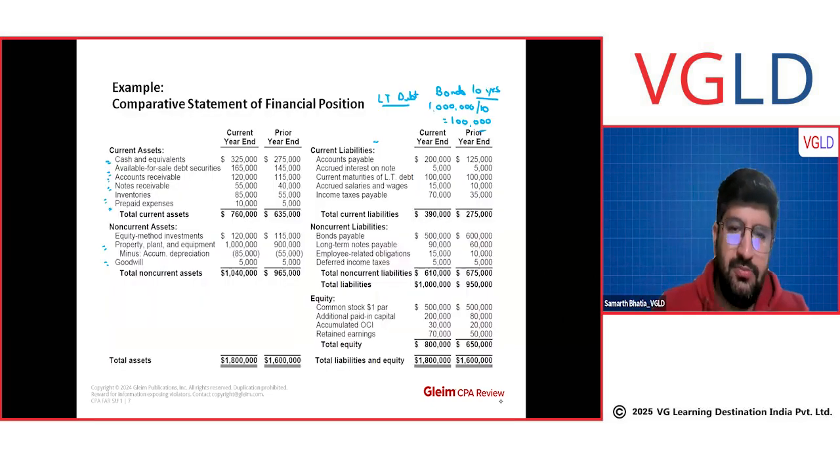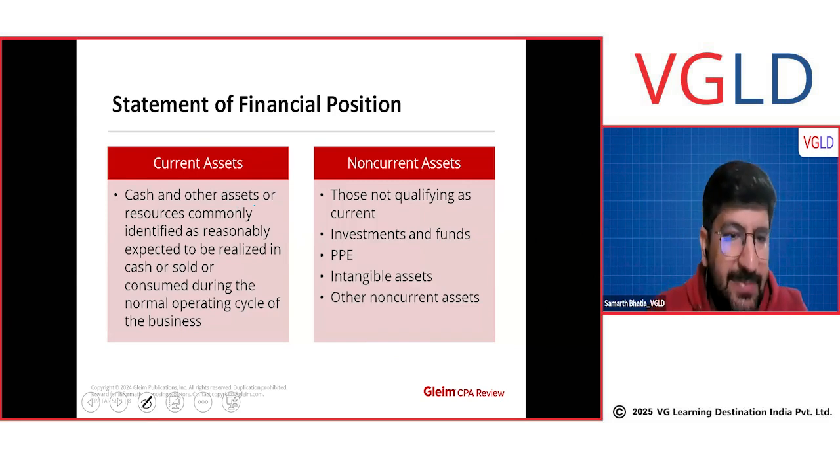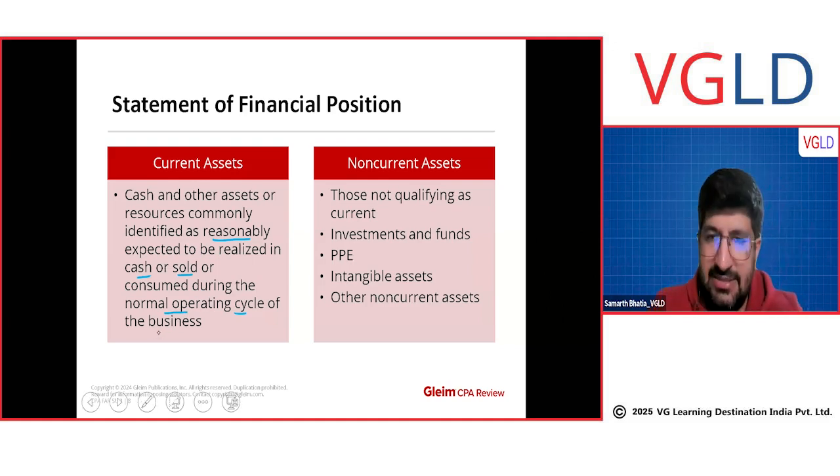So it is clearly given: cash and other assets or resources reasonably expected to be realized in cash or sold or consumed during the normal operating cycle of the business or within 1 year. We usually call them current assets.